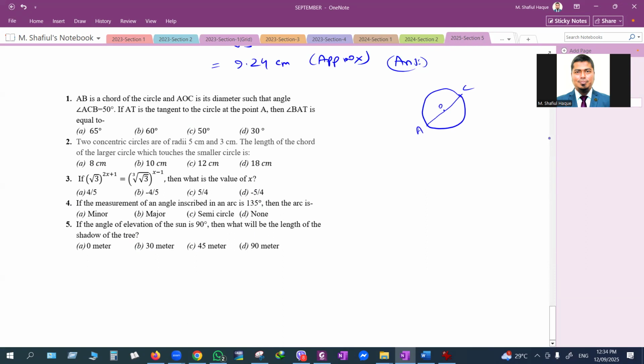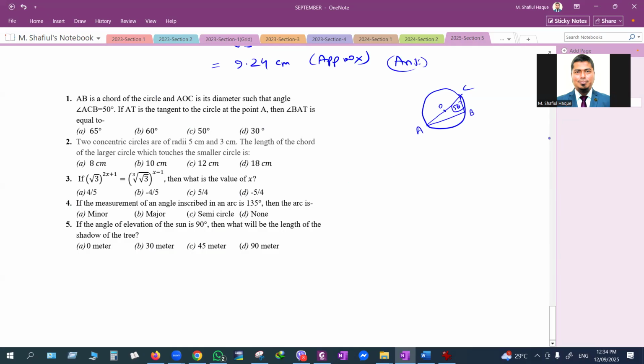So AB is the chord of the circle, and angle ACB is 50 degrees.